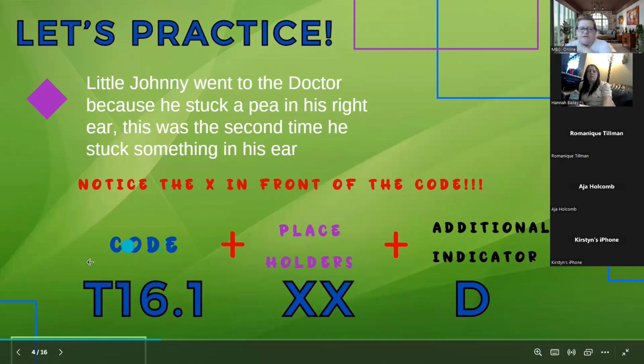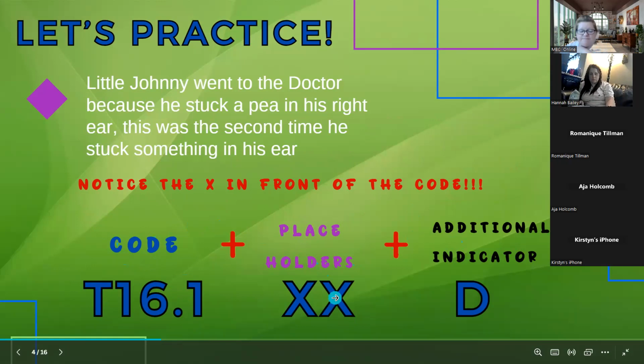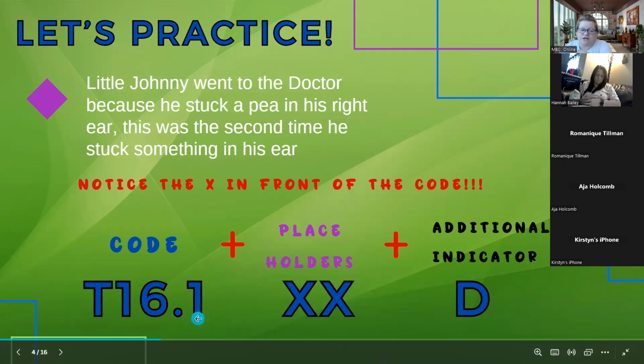You have your T16.1 as your base code. Then you have your placeholders, and depending on what your base code is and what kind of initial indicators you have, that's going to make up how many X's you need. It could be 1, it could be 2, it could be 4. For this one, our code starts with 4 characters. We have a 1 alpha indicator, so we're only going to need 2 X's to get it to 7.